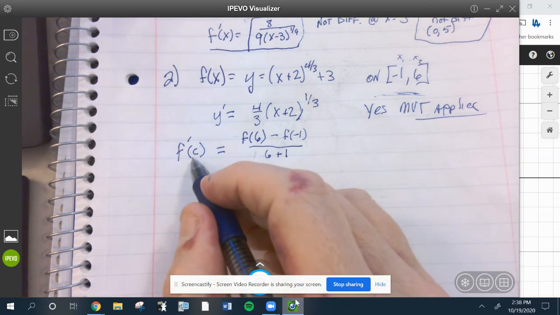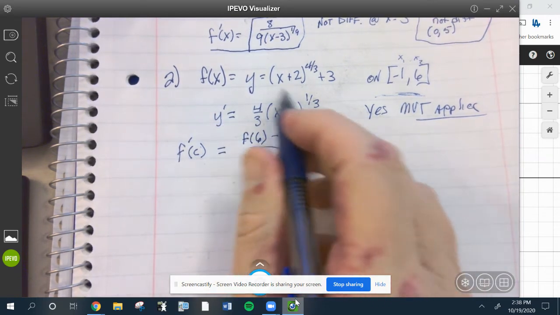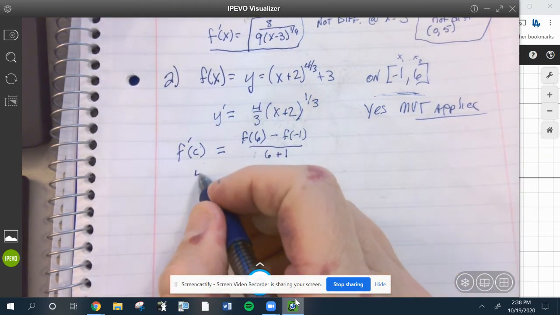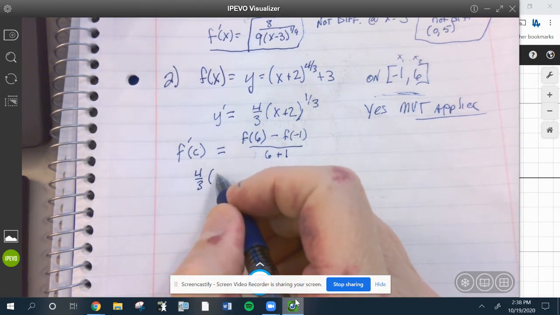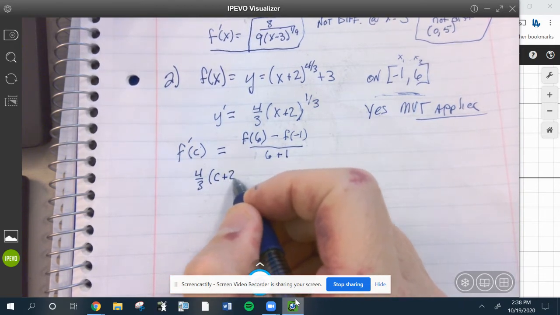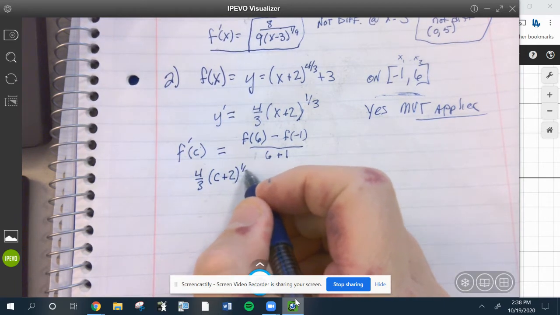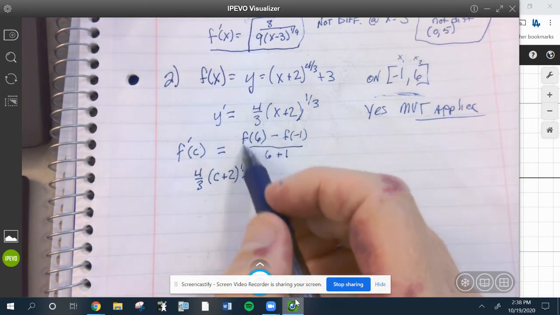So f prime of c is, we already did f prime, so f prime of c is 4/3 (c plus 2) to the 1/3. We have to solve for that. It equals f of 6.